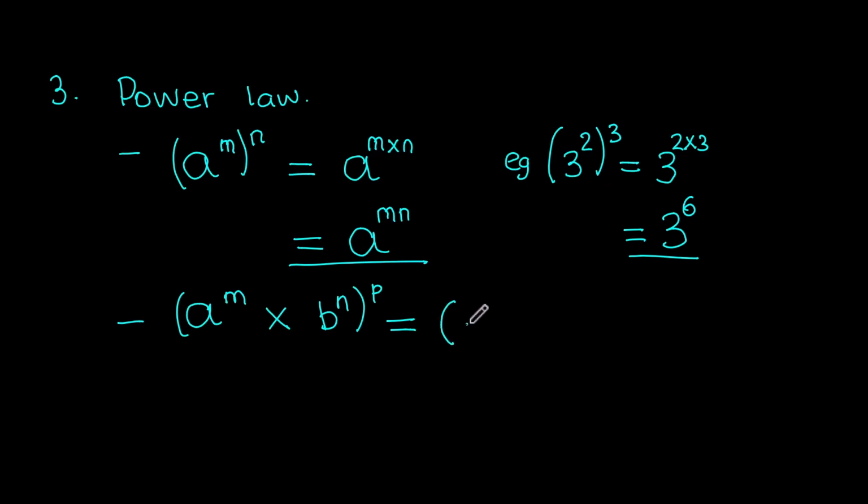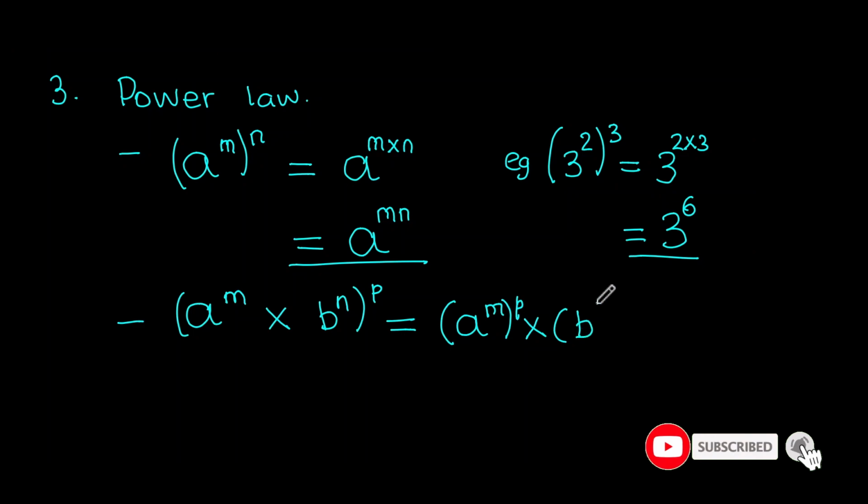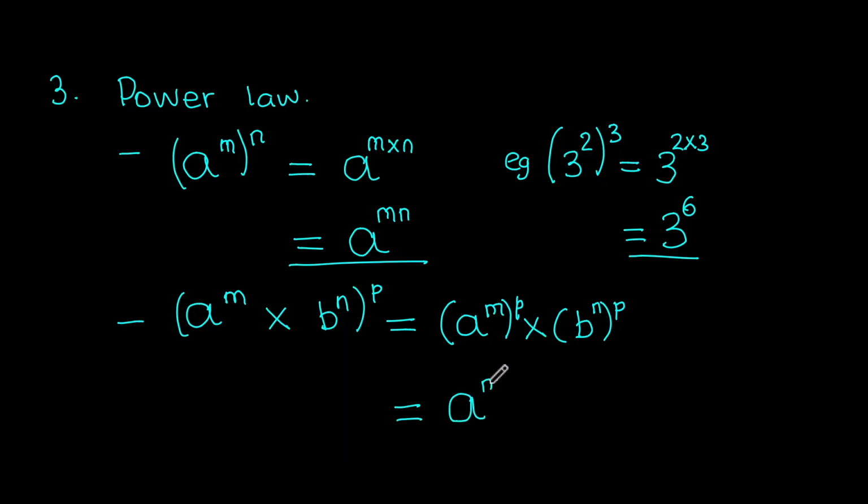So we'll have our a to the power of m, then raised to power p, and we multiply this by b raised to power n, again to the power of p, and it has come back to this rule here that says we multiply all the indices here, and we have a to the power m times p, multiplied by b to the power n times p. So that becomes the rule.